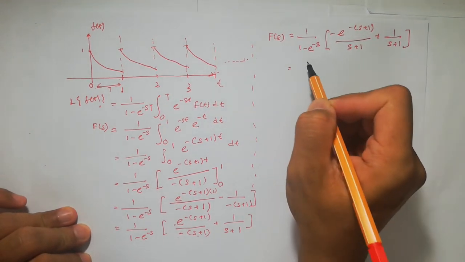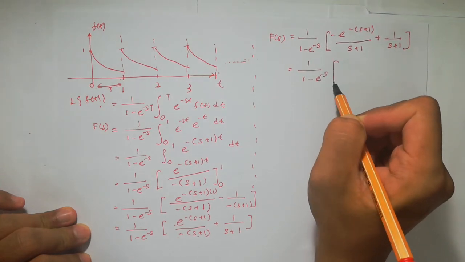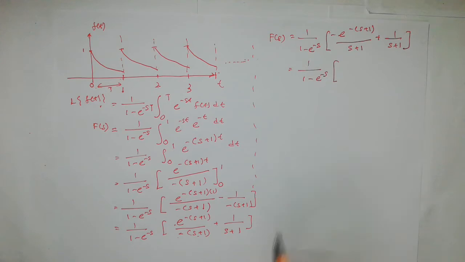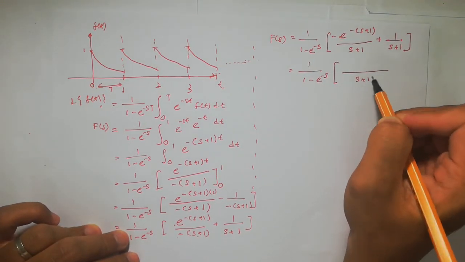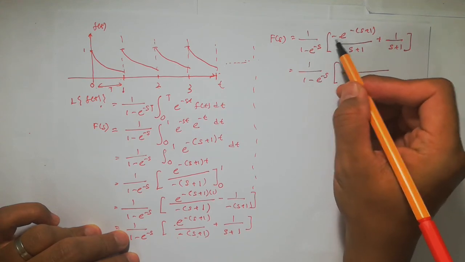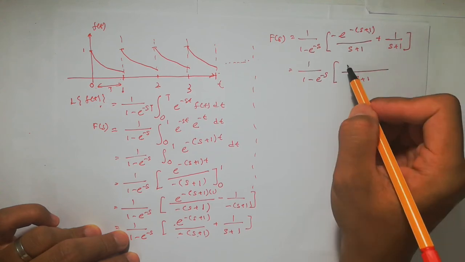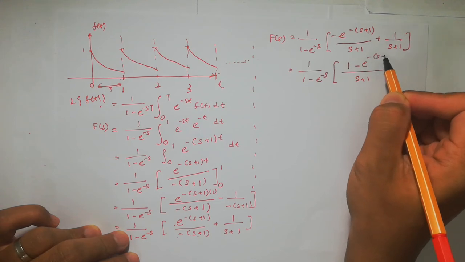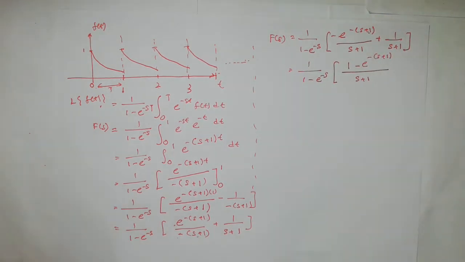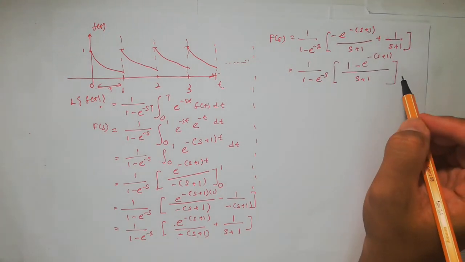So this will be equal to 1 over 1 minus exponent negative s. And now we have the same denominator, so we can make it (s plus 1), and then 1 plus exponent negative (s plus 1) over here. So you can write it this way, 1 minus exponent negative (s plus 1). This is the value.